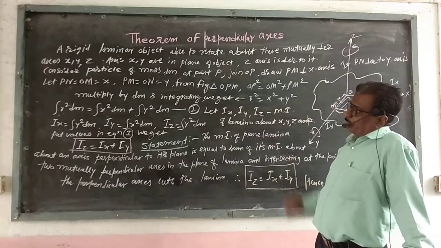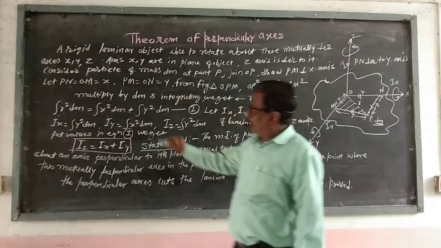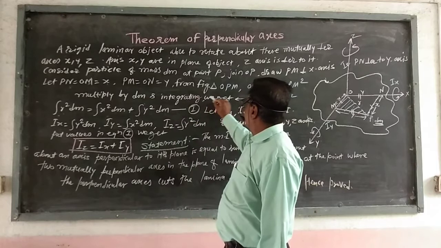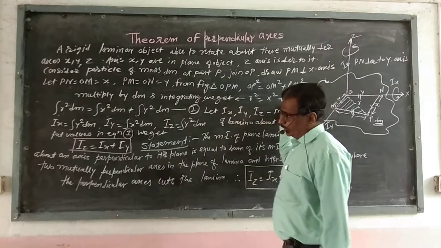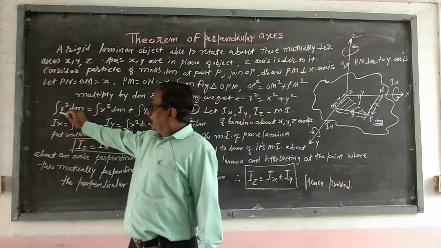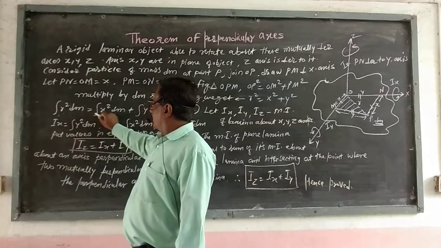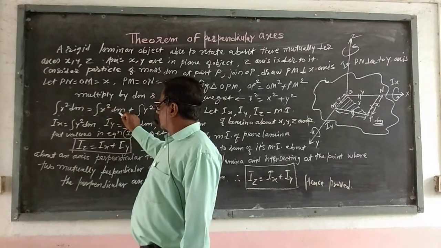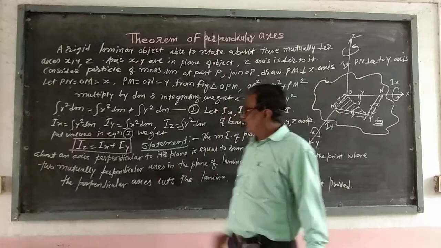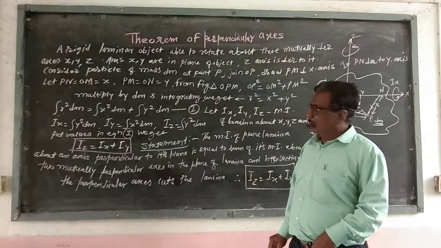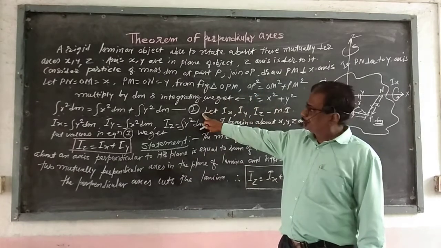When we substitute these values, then multiply by dm and integrate, our equation becomes integration of r square dm is equal to integration of x square dm plus integration of y square dm. Call this equation number 1.